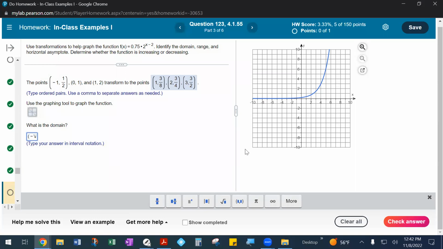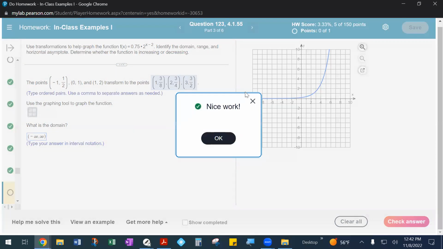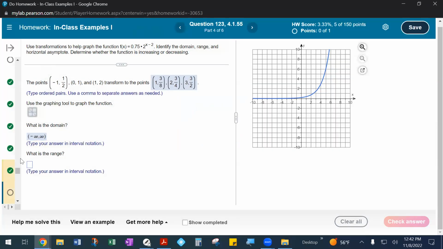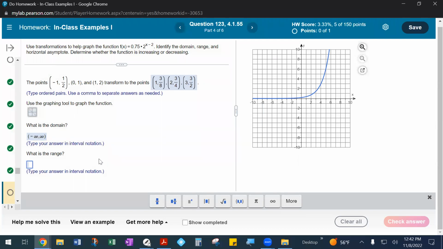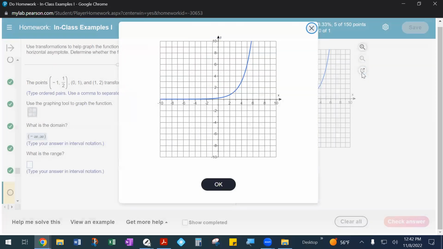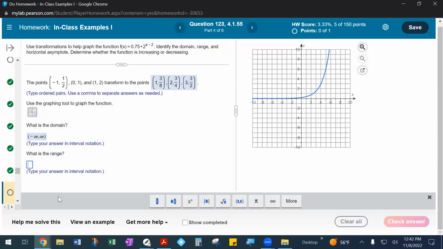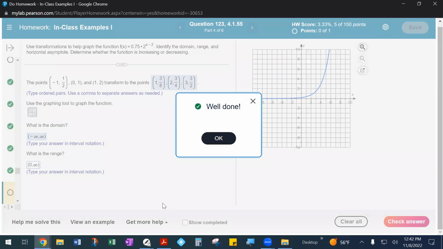Negative infinity to positive infinity. Range? 0 to positive infinity. Good.